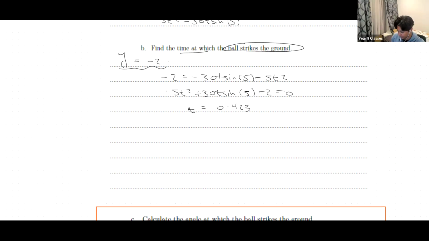Okay. And the last part, calculate at which angle the ball strikes the ground. So I'd find the velocity at t equals 0.423. So x dot equals 30 times 0.423 cos 5. So that's 12.64. Let me check.